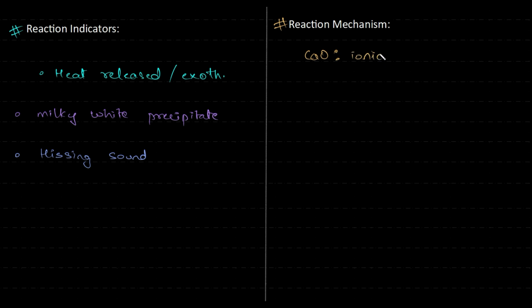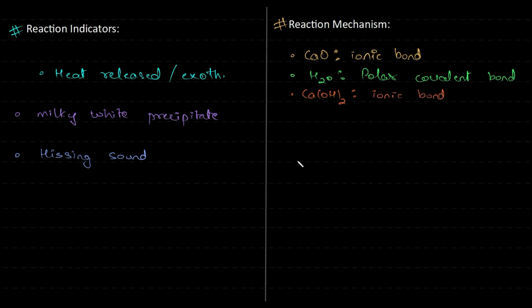Again, I'm oversimplifying things, but somewhere we have to get started to understand all of this. H2O, you guys should know this. It's a popular polar covalent bond. Understanding all of these terms, you need to go back to basics. And finally, we have Ca(OH)2. So the comment should be telling you guys that this is also an ionic bond.